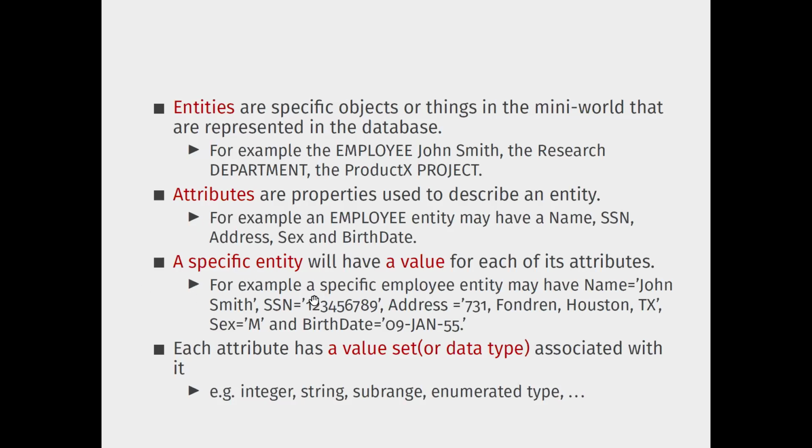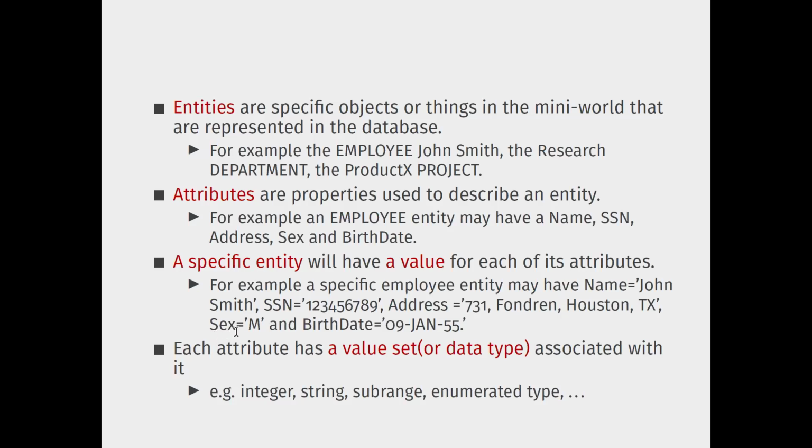But remember, each entity can have values. If you take a particular employee, you have values for each of these attributes. For example, if you take one particular instance, name could be John Smith. Social security number might be 1, 2, 3, 4, 5, 6, 7, 8, 9. Address, we have some address information.